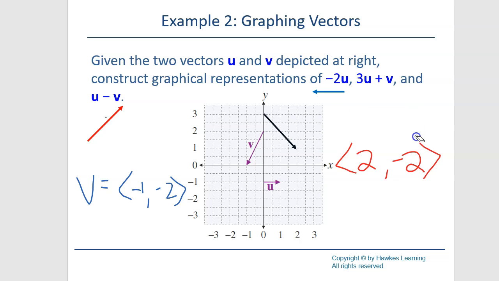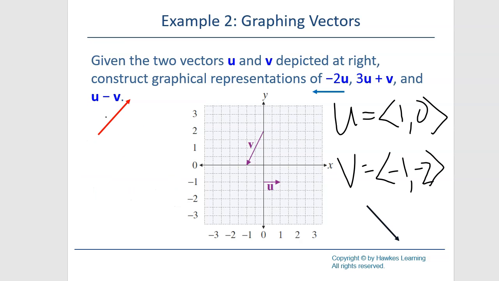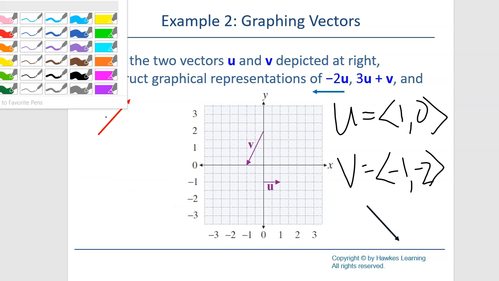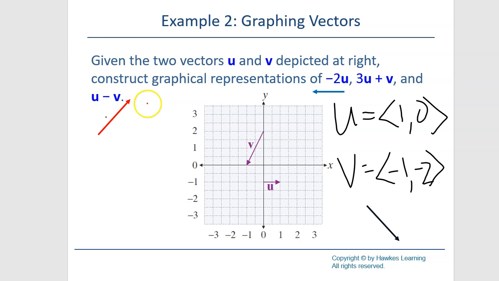So let's start off doing that on this last one, u minus v, and then show that that is what we get with the red vector. All right, so u minus v, we start off with the 1, 0 vector, and we're going to subtract the v vector, which is negative 1, negative 2.